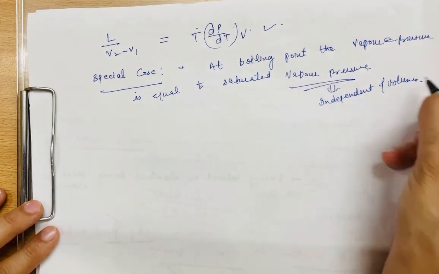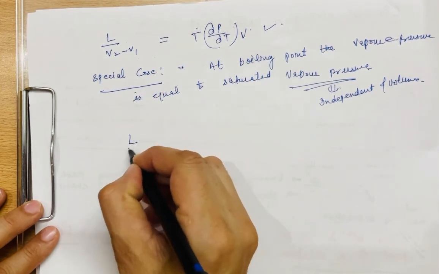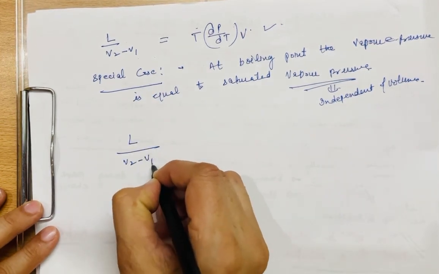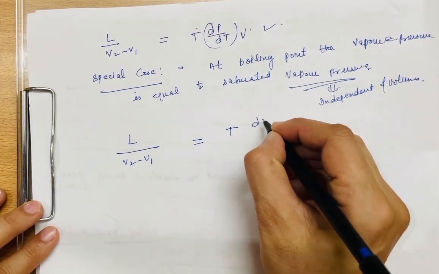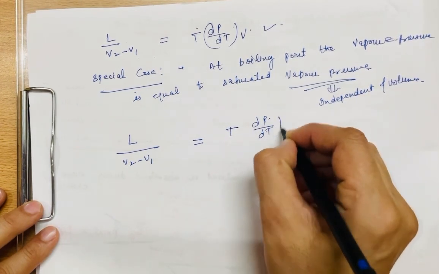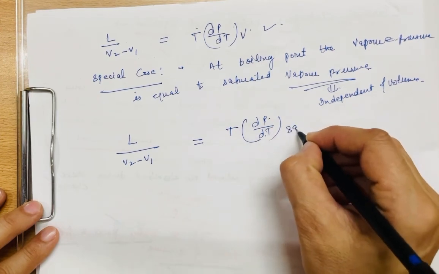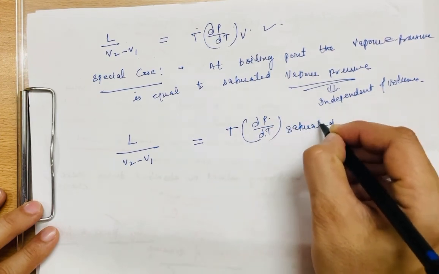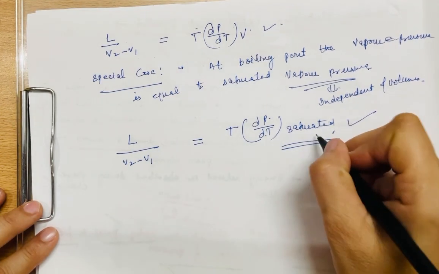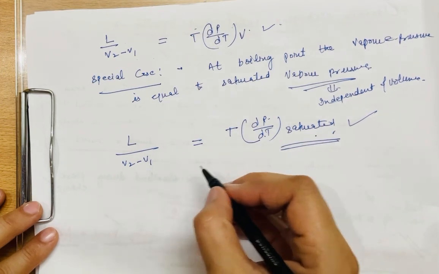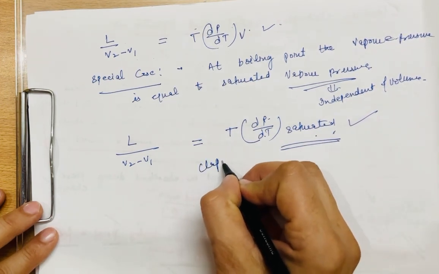Then we can write this equation as L over V2 minus V1 equal to T curly dP by dT at saturation. Clear? At saturation, this is called the Clapeyron equation.